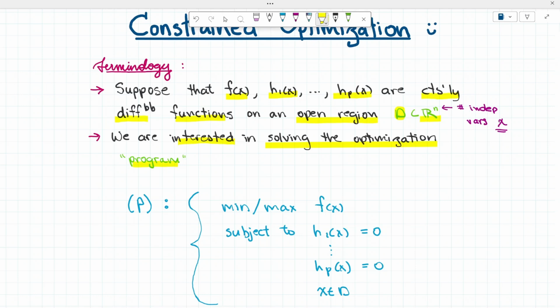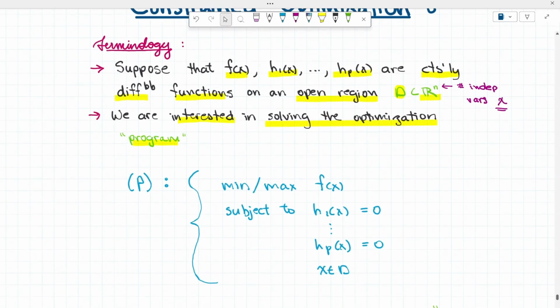So even though this is a mathematical take on the problem, we can always relate it to a machine learning or computer program that ultimately is an algorithm trying to find the optimal solution. We're going to call this program P, and I'm going to relate to this concept of P later on in our videos.